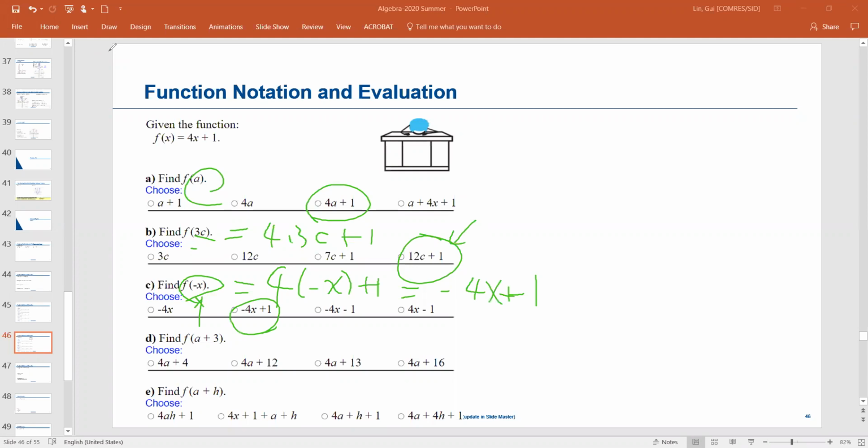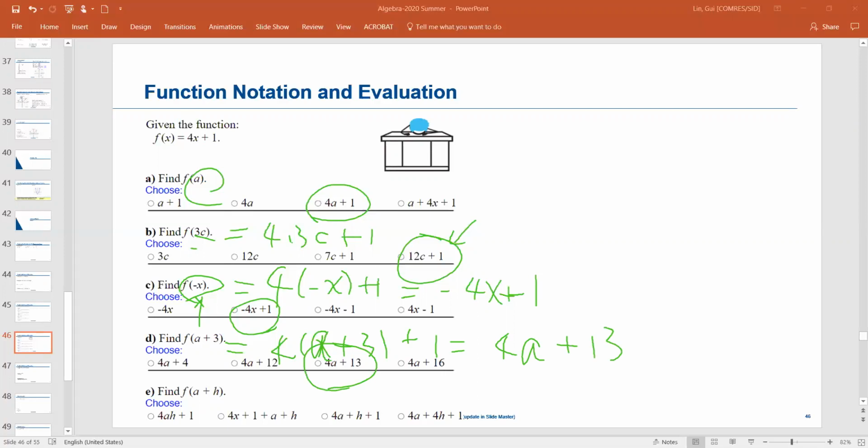Okay. All right, so x replaced with a plus 3, right? 4 times a plus 3 plus 1. So here got 4a plus 12 plus 1, so equals 4a plus 13. So the answer would be this one.